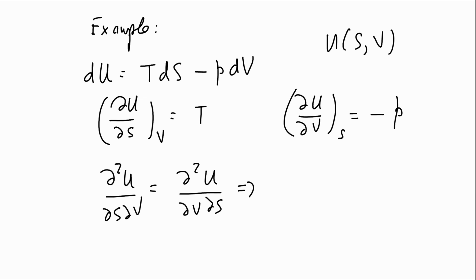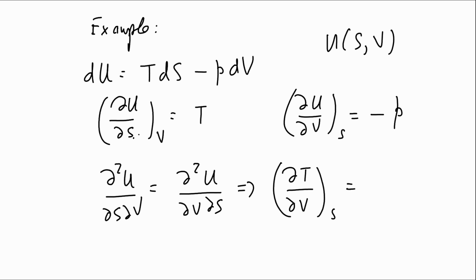So here I've taken the derivative with respect to s and held v constant. Now if I take T and take the derivative with respect to v and hold s constant, I have my dT/dv at constant s.